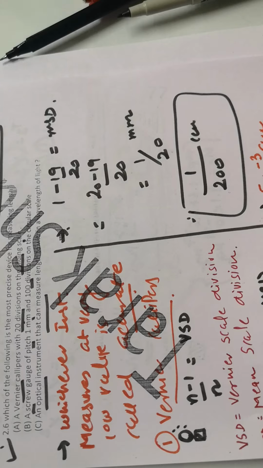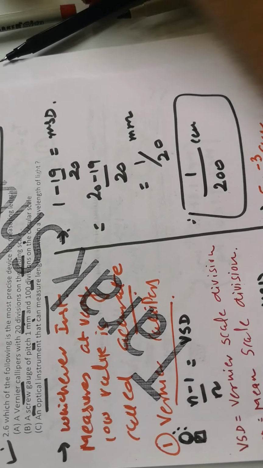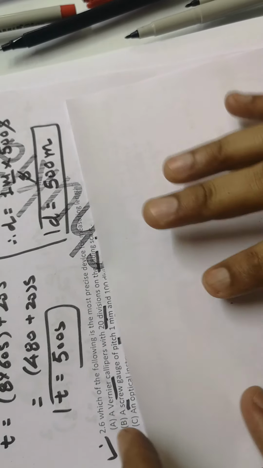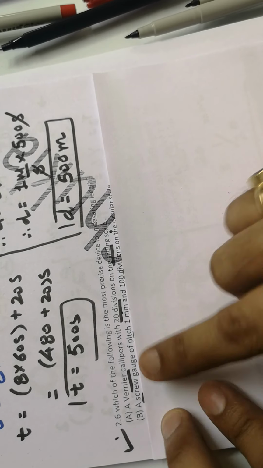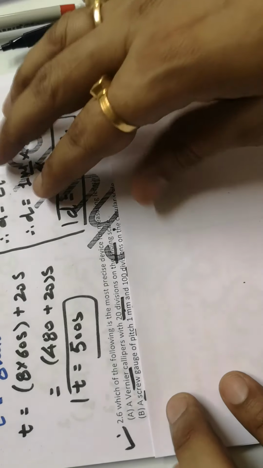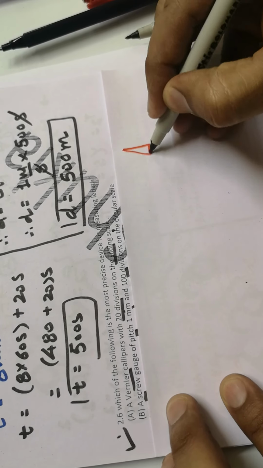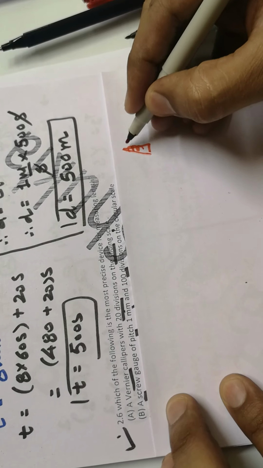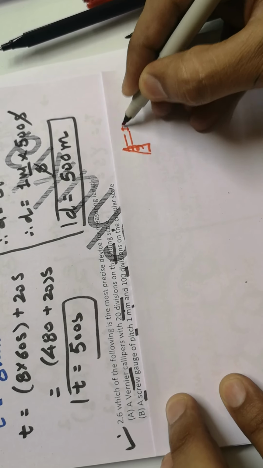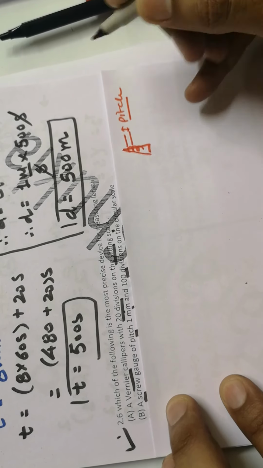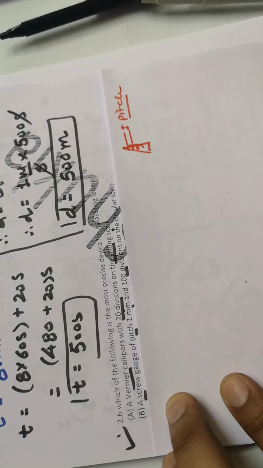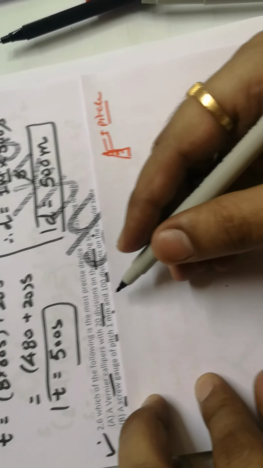Now another one I want to find out is for another instrument, and this instrument is called a screw gauge. So you can see that a screw gauge has a pitch. Whenever you are aware of such a type of screw, you are aware of such type of turns. So first one, second one, this distance is called a pitch, between two consecutive threads. Such things you will learn in practical.